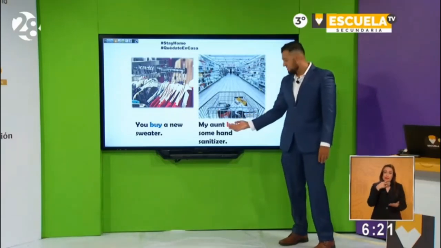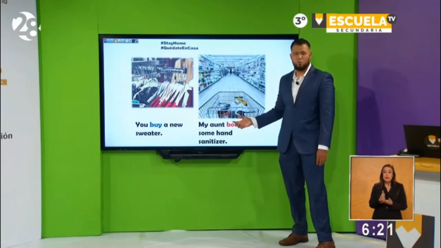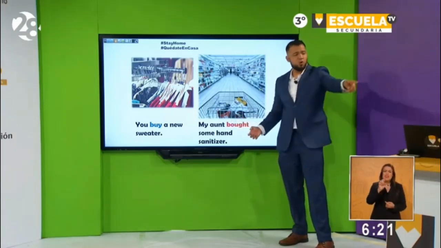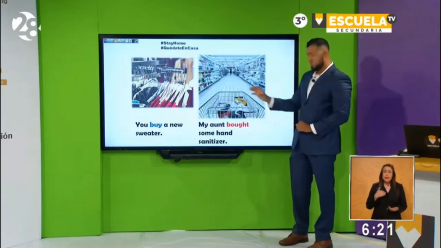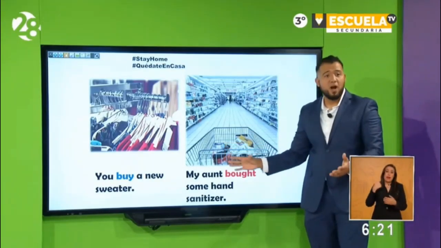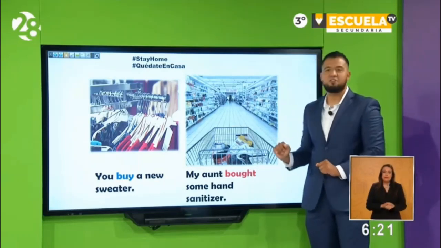My aunt bought some hand sanitizer. What is a sanitizer? The one that I used to wash my hands before. In present, it's buy, and I have to memorize that bought is the past of buy.